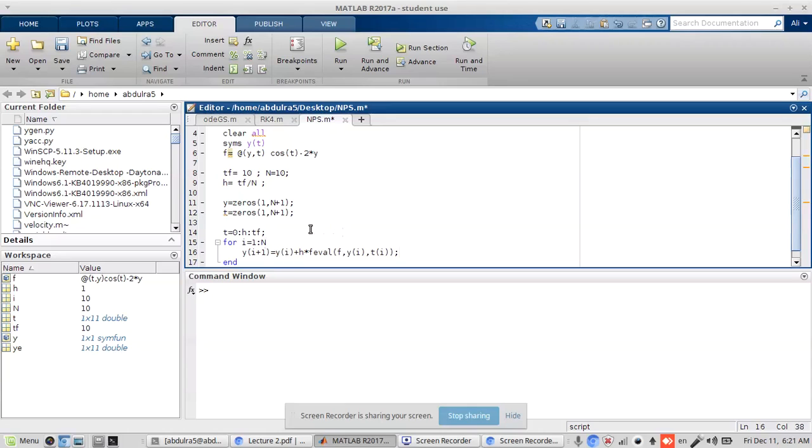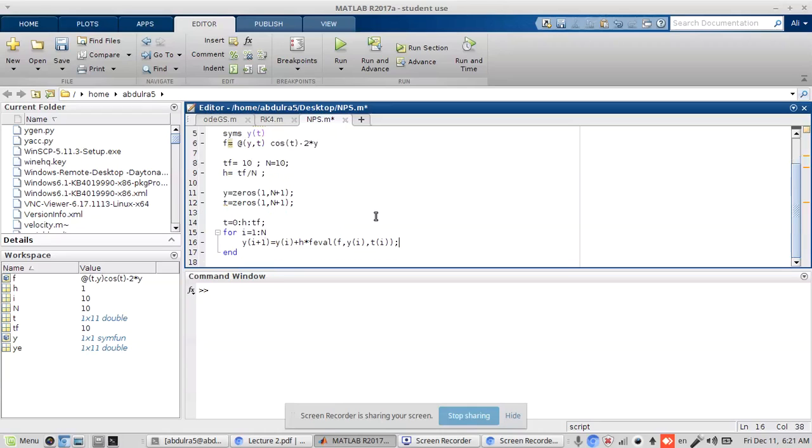Now we have this function, but since we are using Euler, let's name this YE. So substitute this YE and t into f, and do some summations.